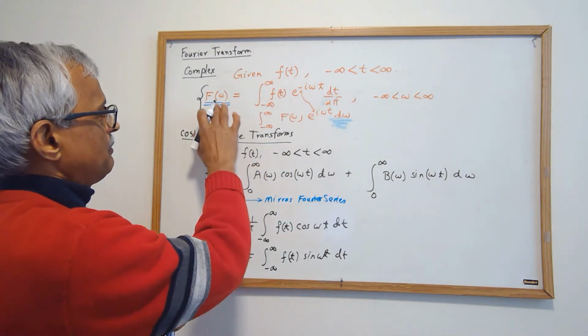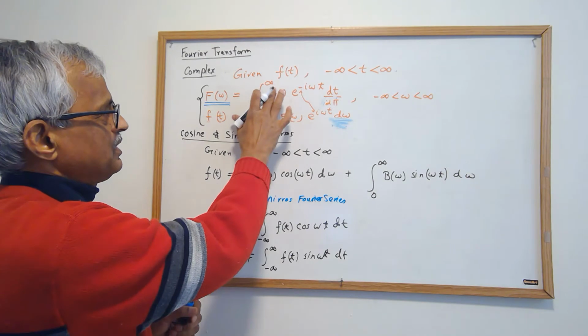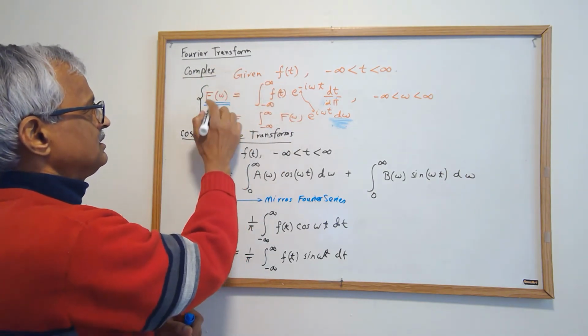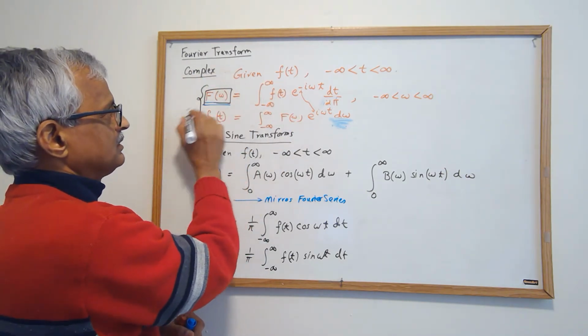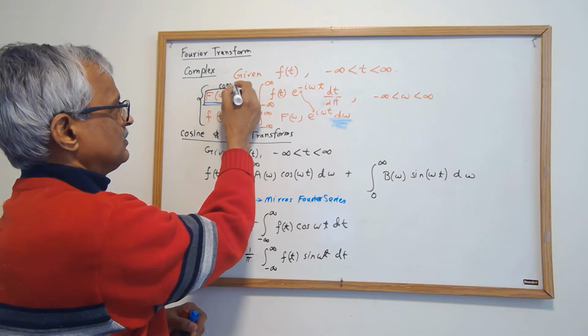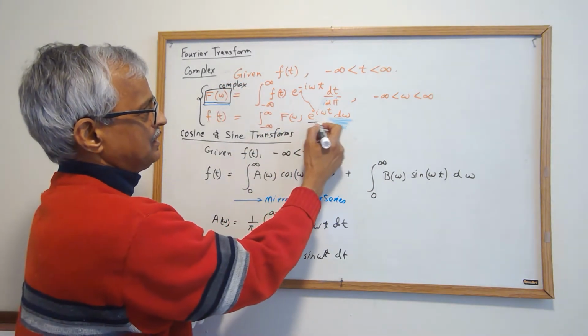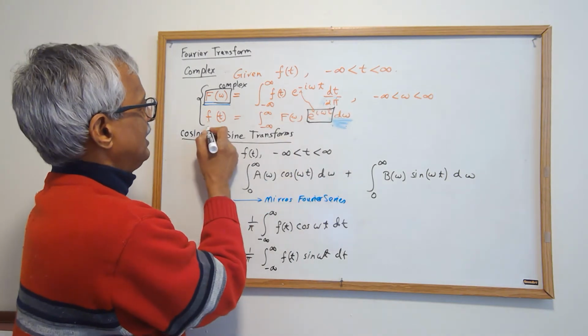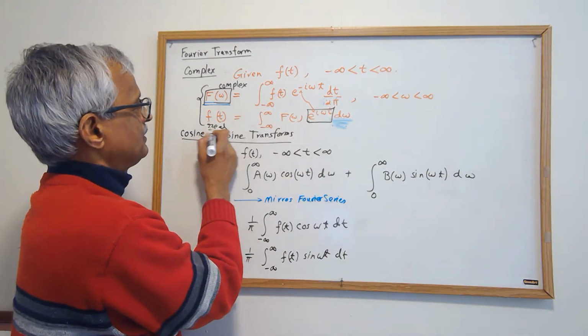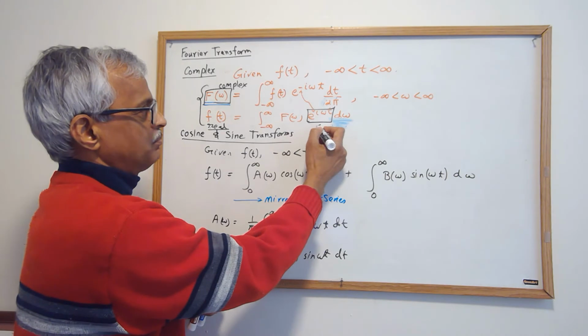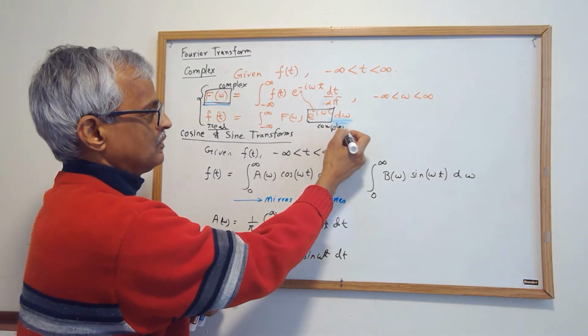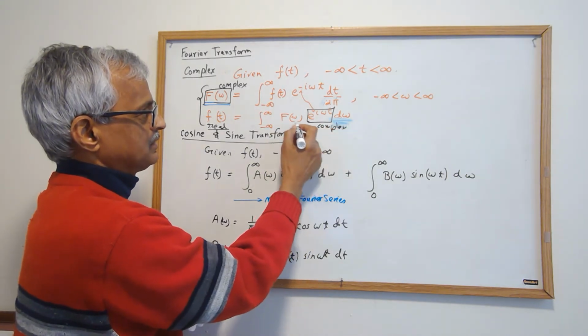Because if you go over here in a complex, what is this? This one is complex. Why is that complex? Well, if you look here, this is complex, and this is real, and this is complex, then this has to be complex.